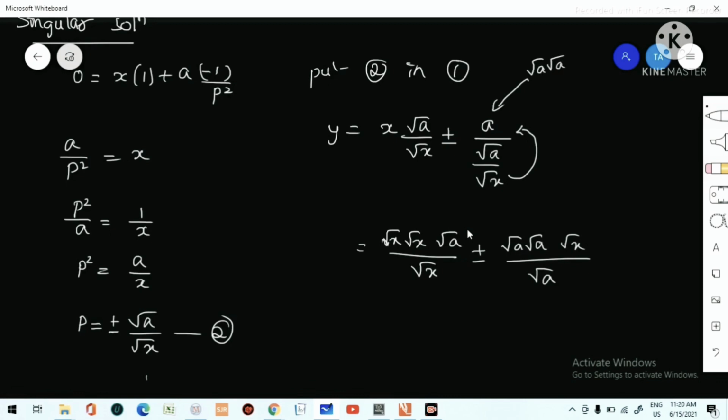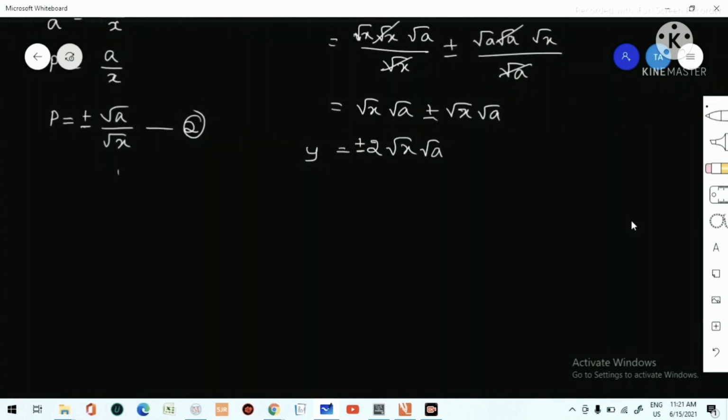Cancel those parts which are getting cancelled now: square root of x with square root of x, and square root of a with square root of a. So I am remaining with square root of x, square root of a, again square root of x, square root of a. This will be a plus or minus, no? This is 2 square root of x, 2 square root of a. This is my y, with plus or minus for both.